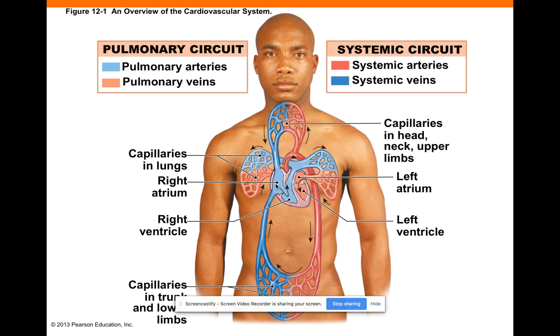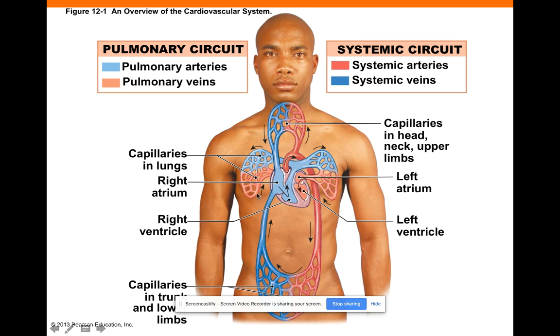The only difference in color that we're going to see is that when the blood is deoxygenated, so it would be on the right side of the heart when it's low in oxygen, it's going to have a deep, dull, kind of maroon, dark red color. Whereas over here on the left side of the heart, where your blood is oxygenated because it's come back from the lungs, it's going to be a bright red.